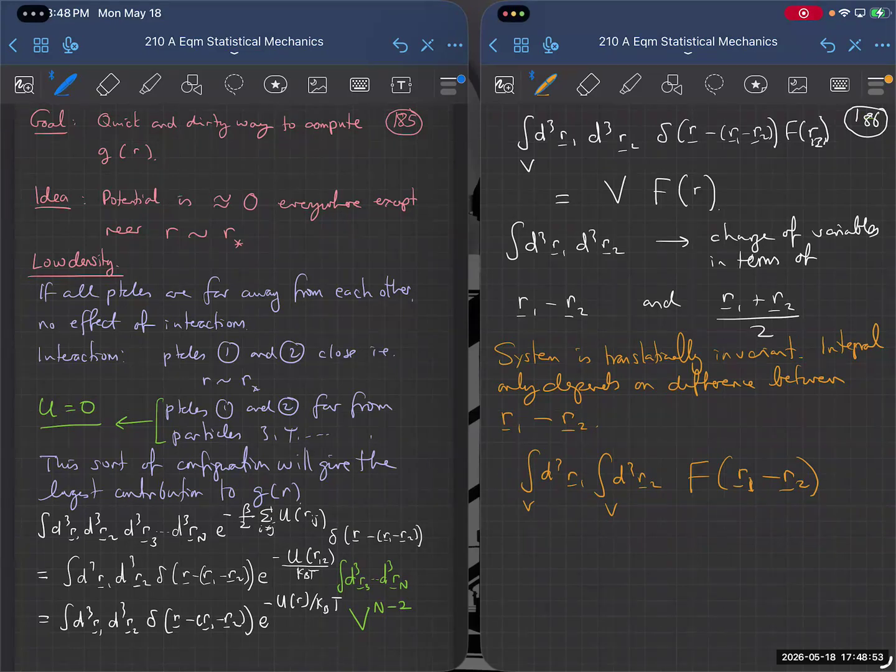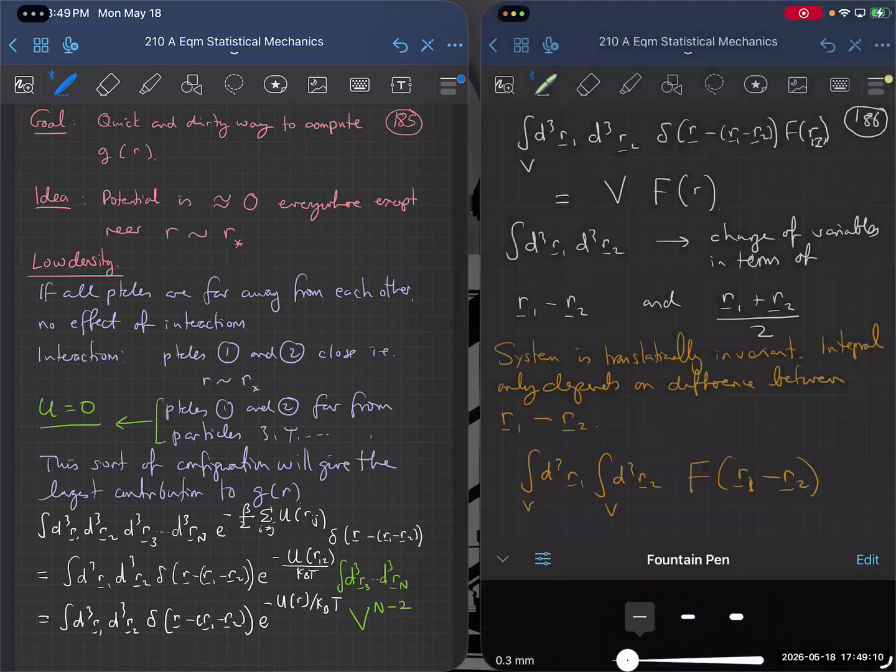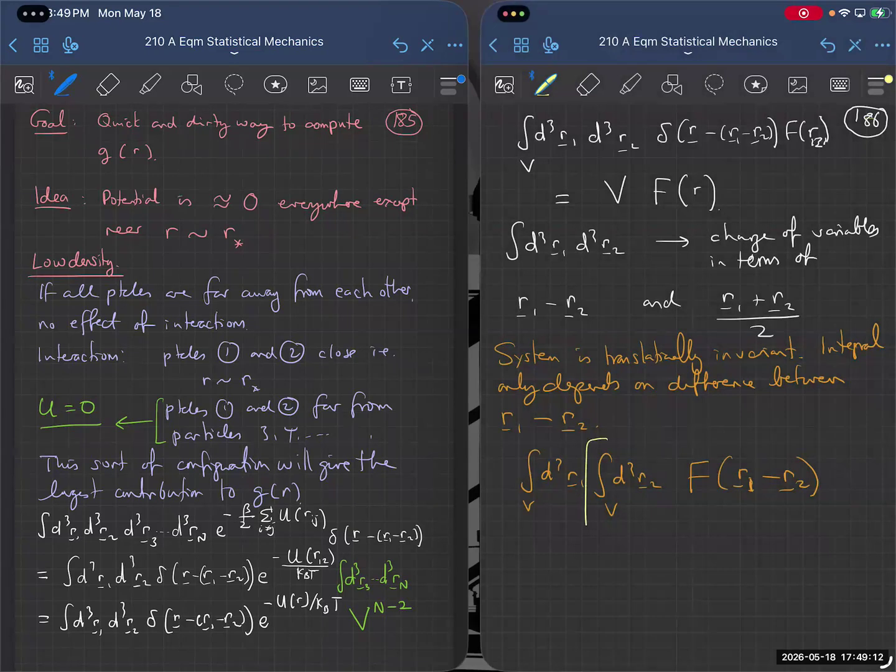So keeping R1 fixed, and then integrating over R2 will give me some number. And then if I now average over R1, that will just give me a factor of V. So let me say that in a more succinct way. If I take this integral here, then I claim that this integral does not depend on R1.